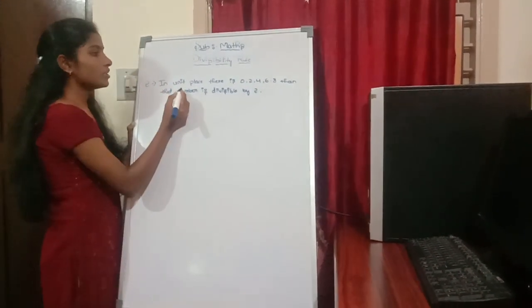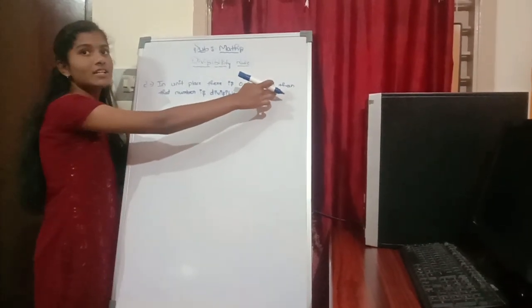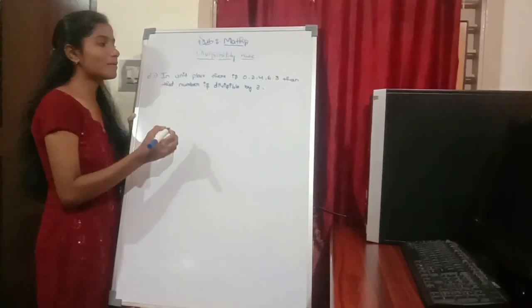Here in the unit place there is 0, 2, 4, 6, 8. Then that number is divisible by 2.